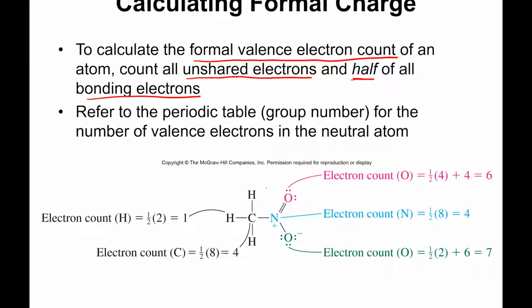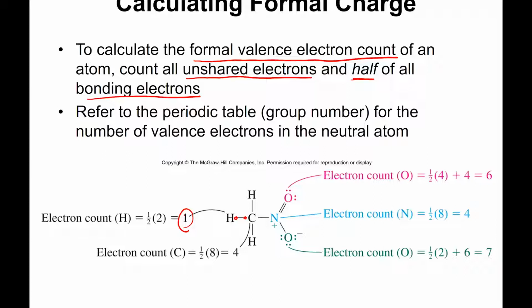So you can see an example here. If we want to look at hydrogen, hydrogen has no unshared electrons, but it does have shared electrons. Here are its shared electrons. There are 2 shared electrons, and we're going to half that, which means that its count is 1.